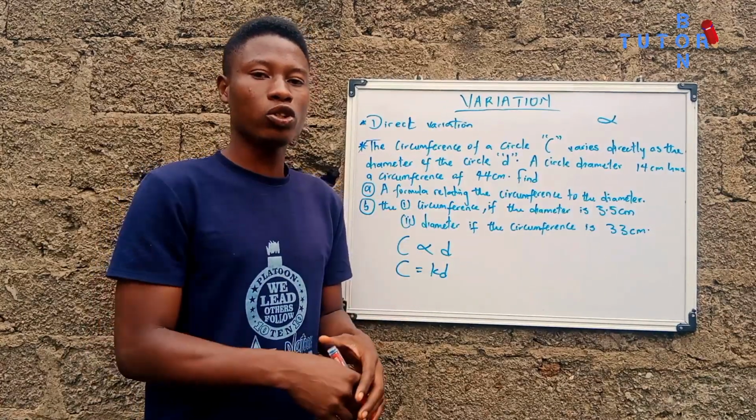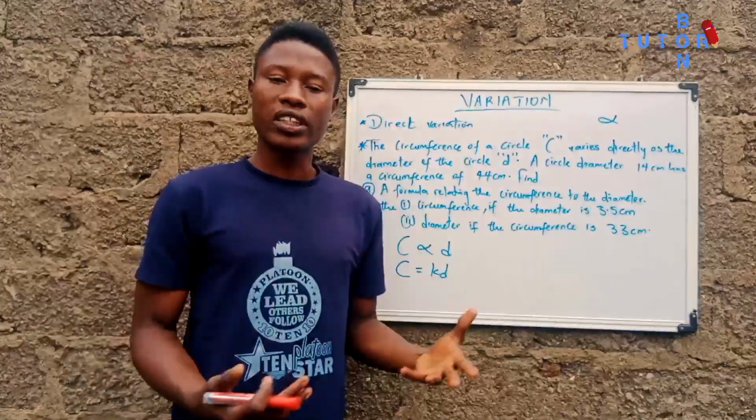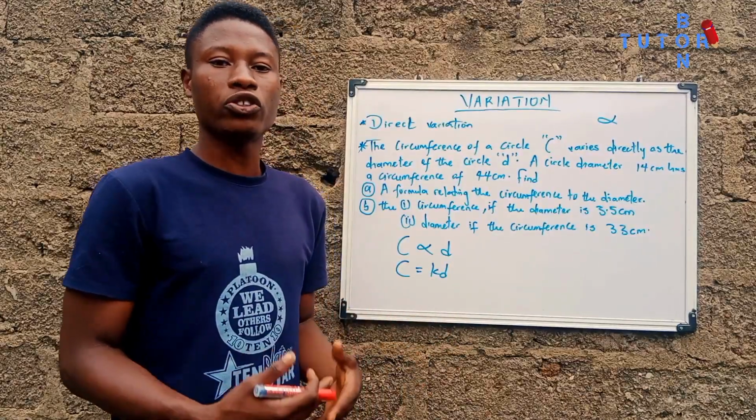The next thing for you to do now is to find the constant. The constant we introduce here is an unknown, although we already have two unknowns before introducing the constant.